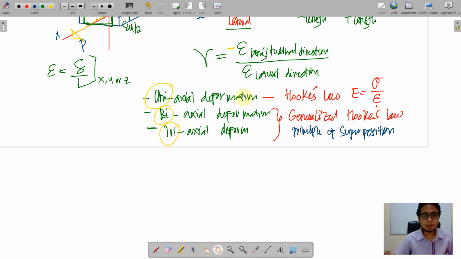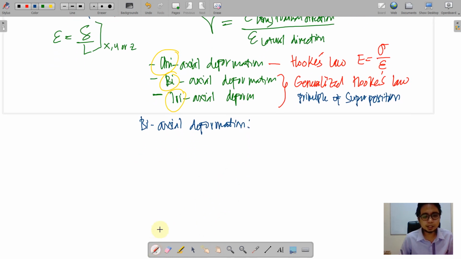Okay, so for biaxial deformation, let us identify one longitudinal and one lateral direction.